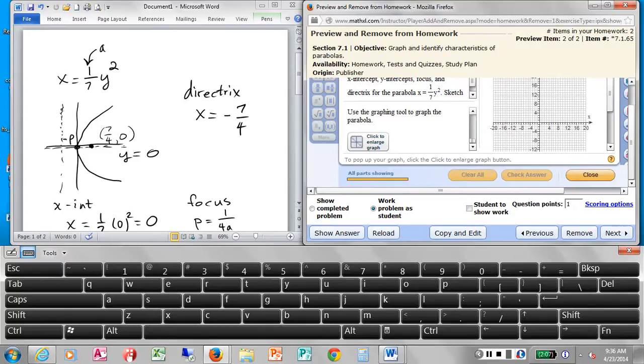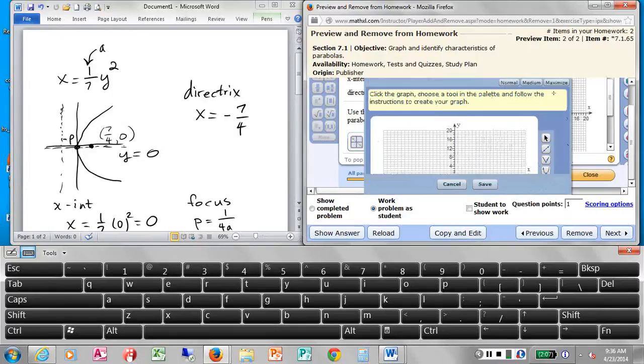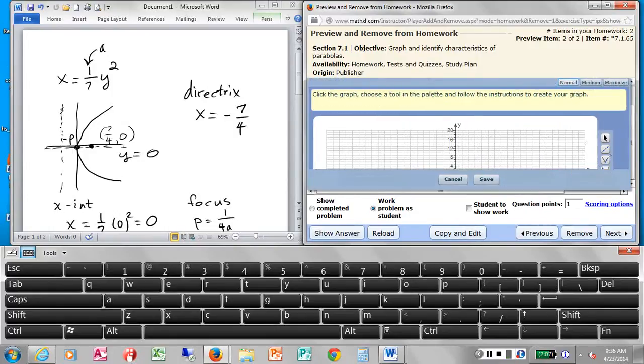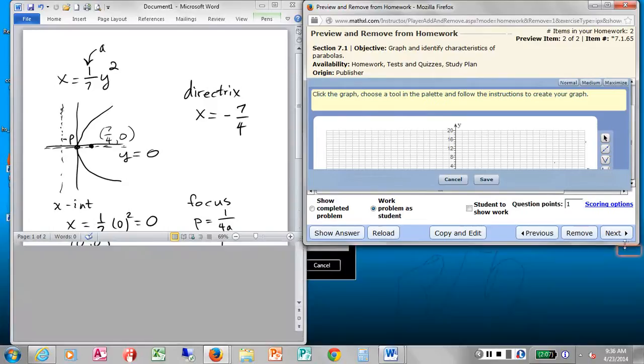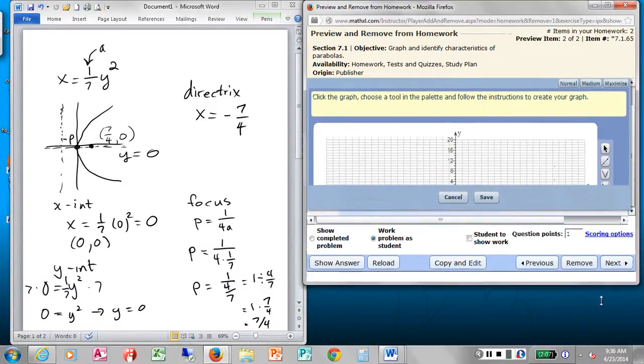Okay, now, as far as graphing it here on the graph, you have to be a little selective. What they, of course, want you to do is, first of all, start with the vertex here. Let's see if I can get this a little bigger.